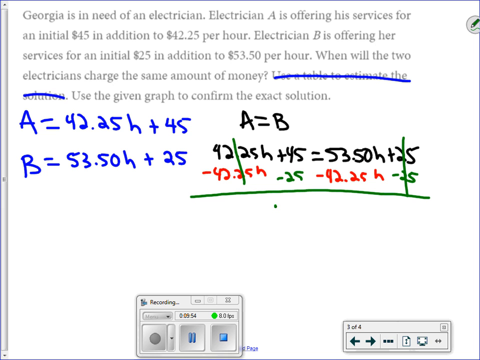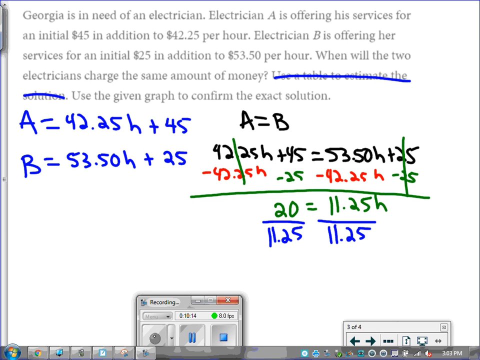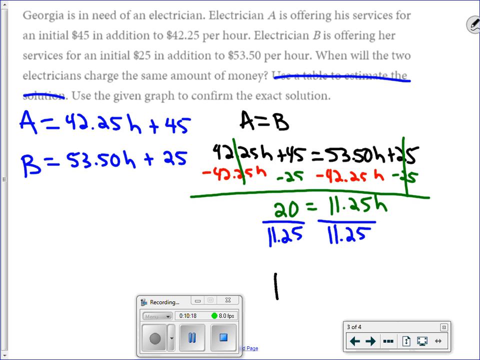So I get 20 is going to equal 11.25H. Divide by 11.25 on both sides to isolate H. And I get H is approximately, I'll round to 1 decimal spot, 1.8 hours.